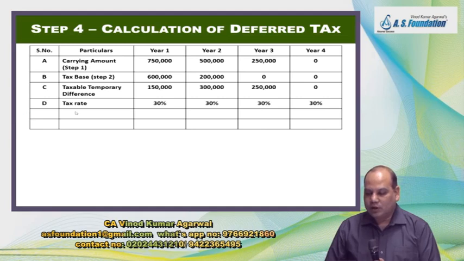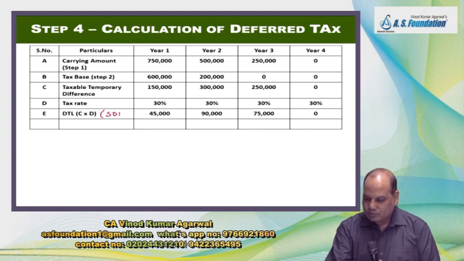And then write down D, tax rate 30%, 30%, 30%, 30%. So we will have DTL: 45,000, 90,000, 75,000, 0.